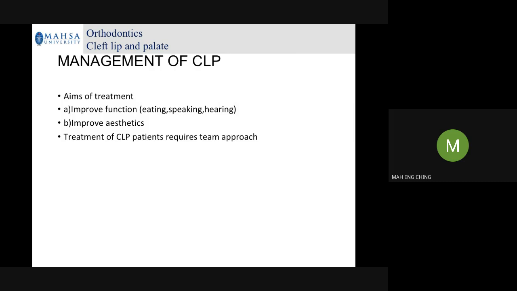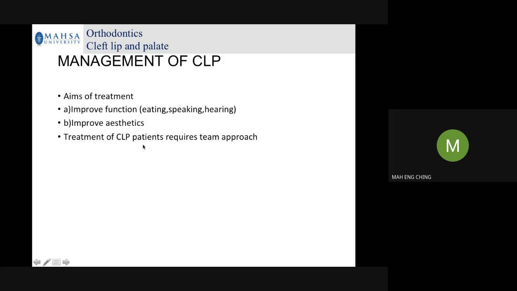The reason is that aesthetics is not that important compared to function or the basics. So always settle the basic problem first, then talk about aesthetics. It's the same with function. If you cannot have a healthy gum or periodontal support, then why talk about aesthetics? It's no point. So first improve the function, then second improve the aesthetics.